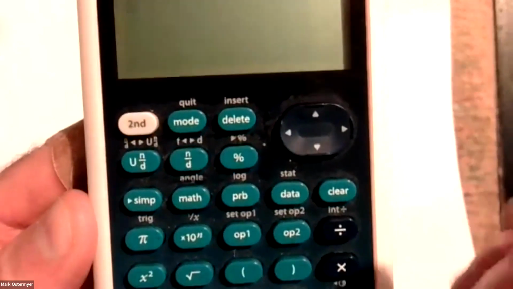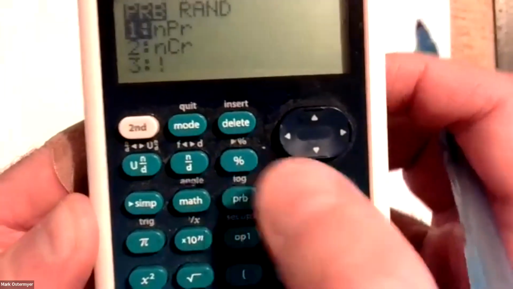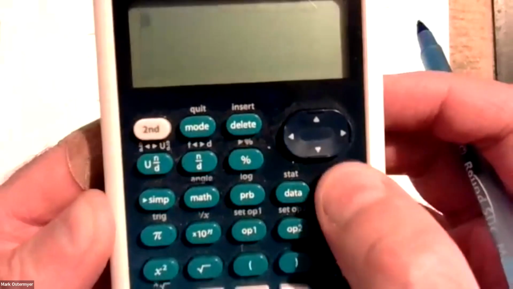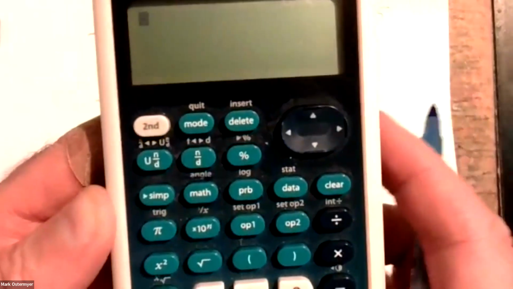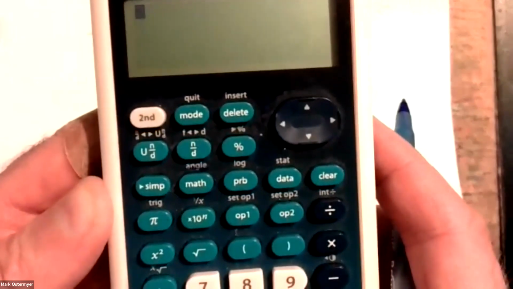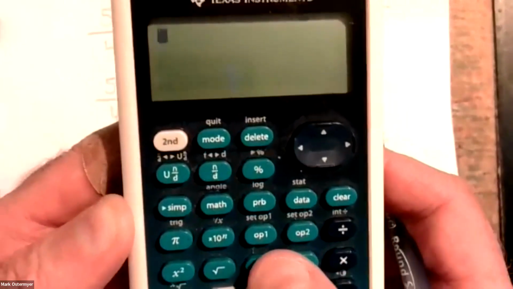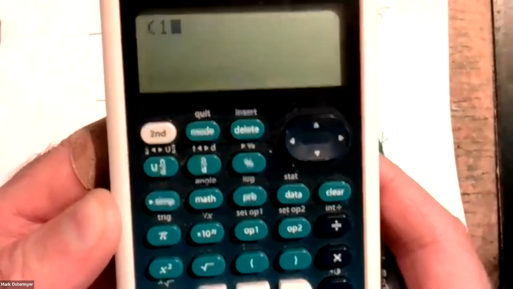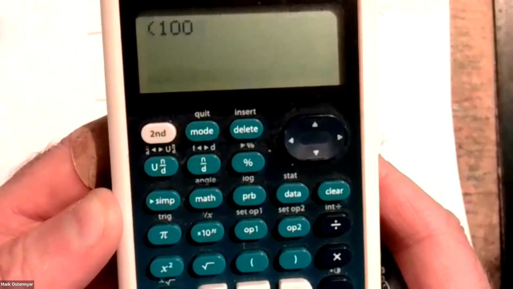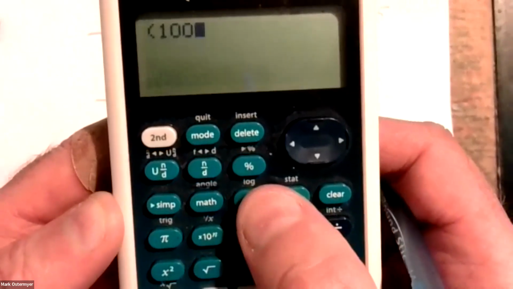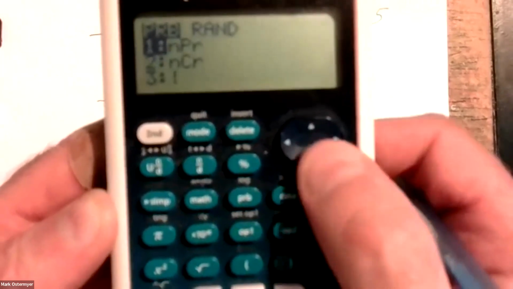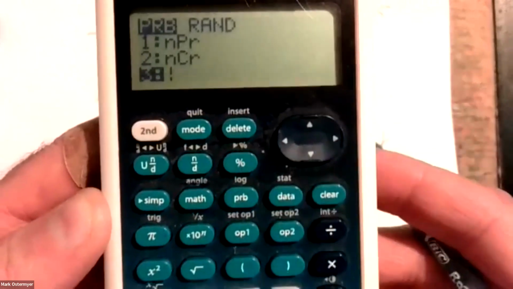You hit your probability button first. Oh, wait a minute. No, not first. Clear your screen. We have to type in 100. I'm going to enclose this inside parentheses for safety. 100. Now we got to go get the factorial function. So I hit my probability button, and I got to scroll down to get the factorial function.